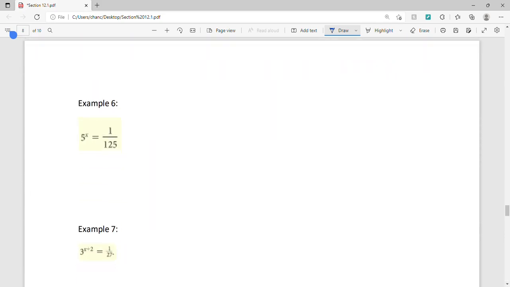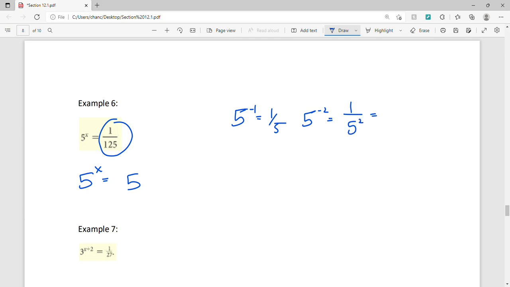In example 6, the idea is to get the same base. We have a fraction here, so that implies my exponent must be negative. 5 to the negative 1 is 1/5, that's not right, so we'll try 5 to the negative 2. That's 1 over 5 squared, which is 1 over 25, and that's not right either, so we're getting closer. 5 to the negative 3 is 1 over 5 cubed, which is 1 over 125, and so that's the correct exponent.